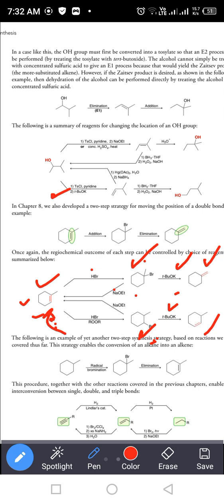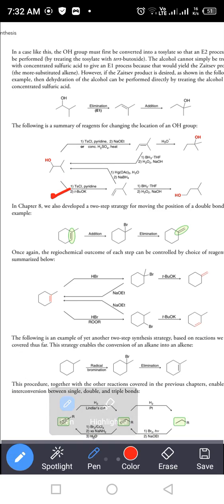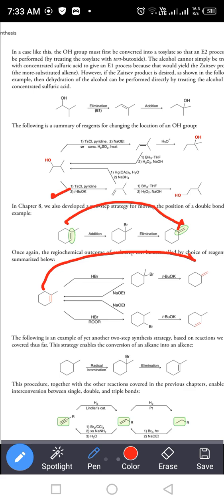So there are varieties of routes and organic synthetic reagents available. We just have to keep in mind which route is suitable for our target molecule and which is not. One question was to convert this alkene into this, directly. A question may also be asked to convert this alkene into this.